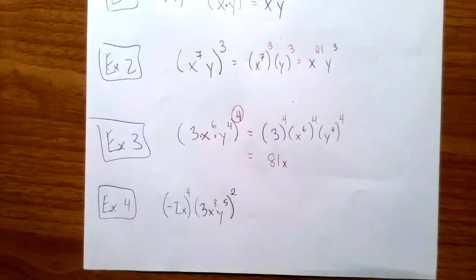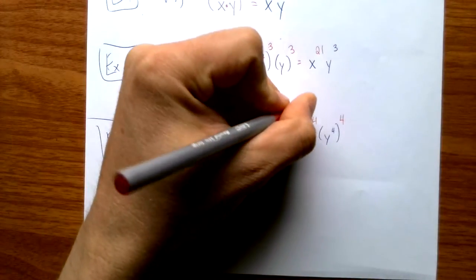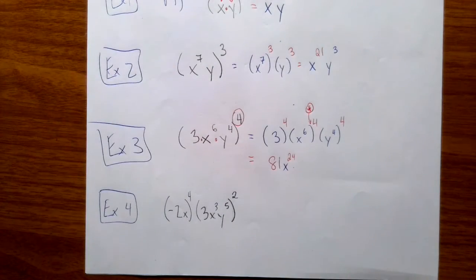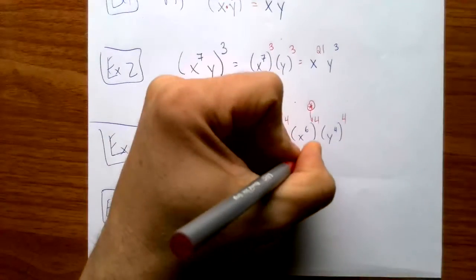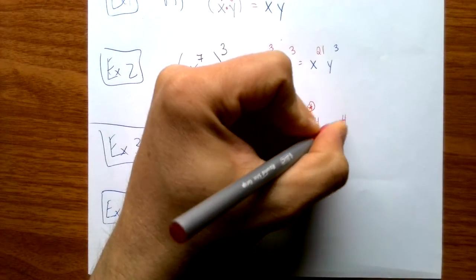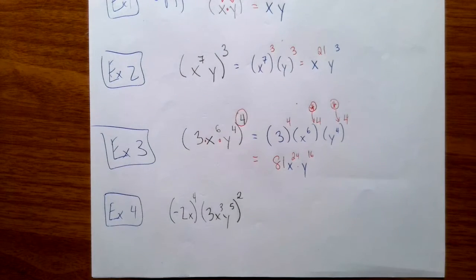We then have x to the power of 24, because we multiplied those exponents. And then y to the power of 16, once again because we have a power of a power, which means we multiply those exponents together.